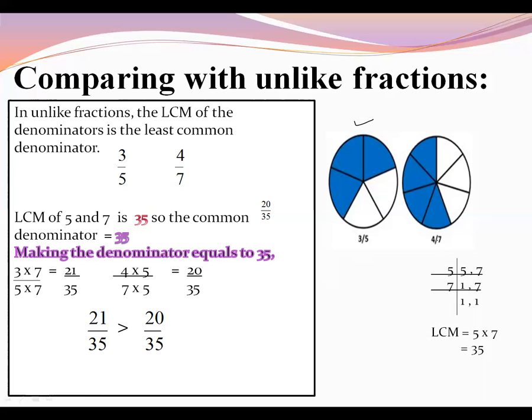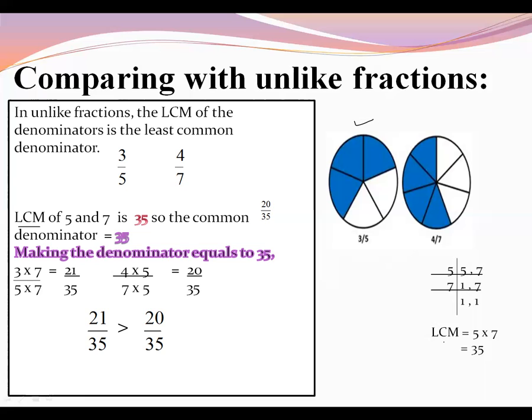How are you going to find out which one is greater or which one is smaller? For doing that, you have to make their denominators the same. How are you going to do that? You have to follow some steps with me. First of all, you have to understand what LCM means. My children, you have already heard this word before in your chapter Multiples and Factors, in which you took the LCM.